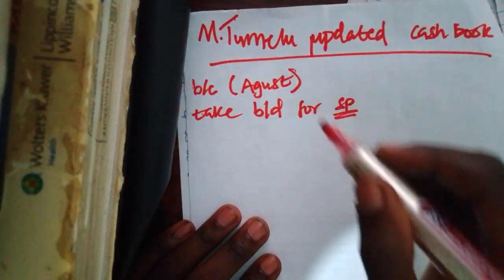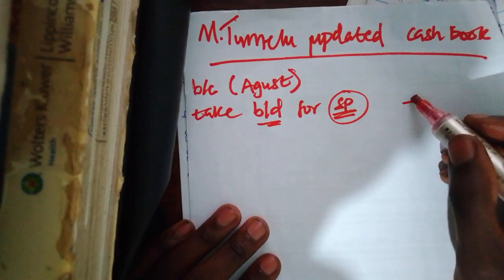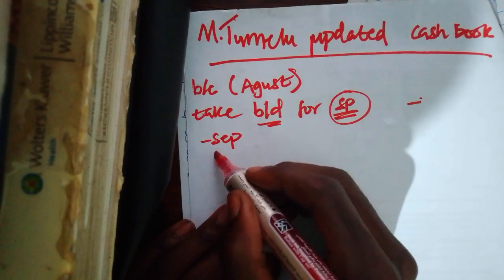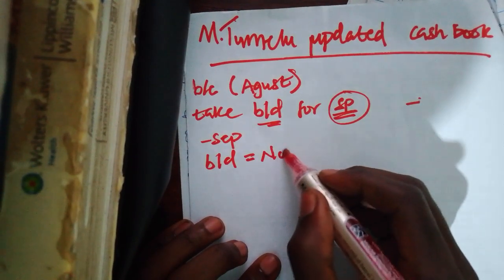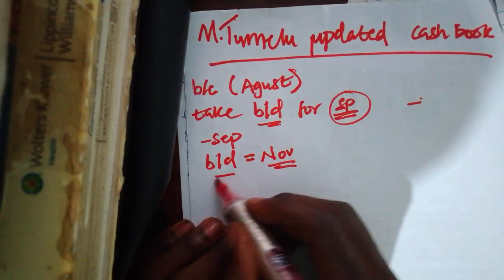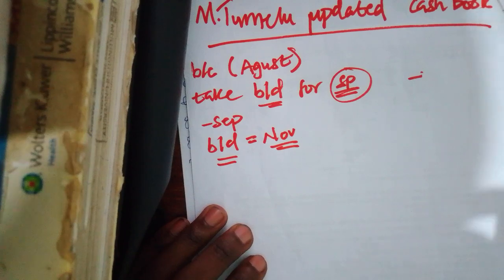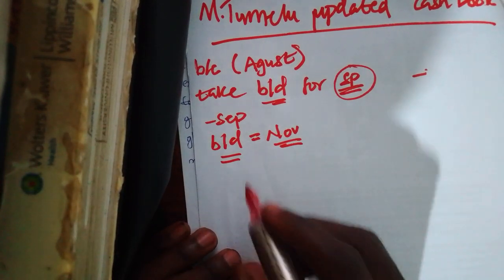Then if it's September, you take the balance breakdown for November. Just like that. You have to be careful, because if you pick the balance breakdown for the same month, your answer will be wrong.